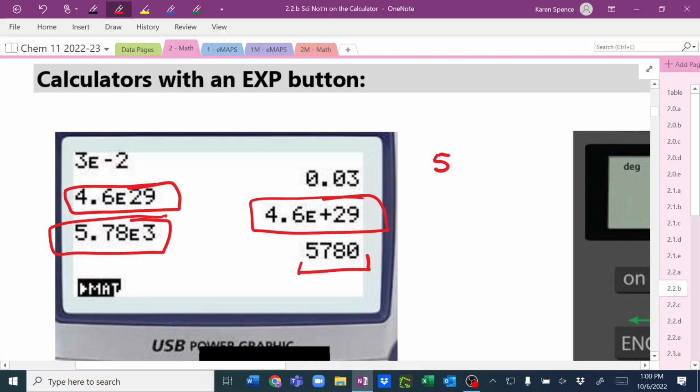Try punching in 5.78 and then whichever button you have, the EE, the EXP, or the 10 to the X, and then 3. And then press equals and see what you get. Hopefully you get 5,780. And if you're not getting 5,780, call me over. We're good? All right.